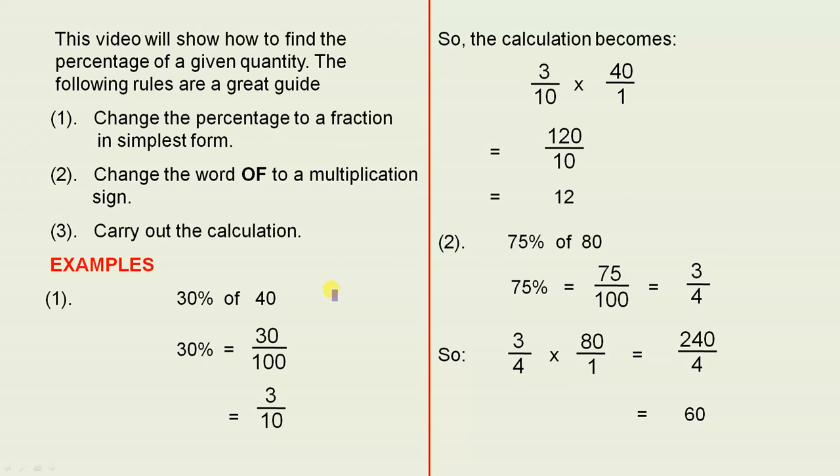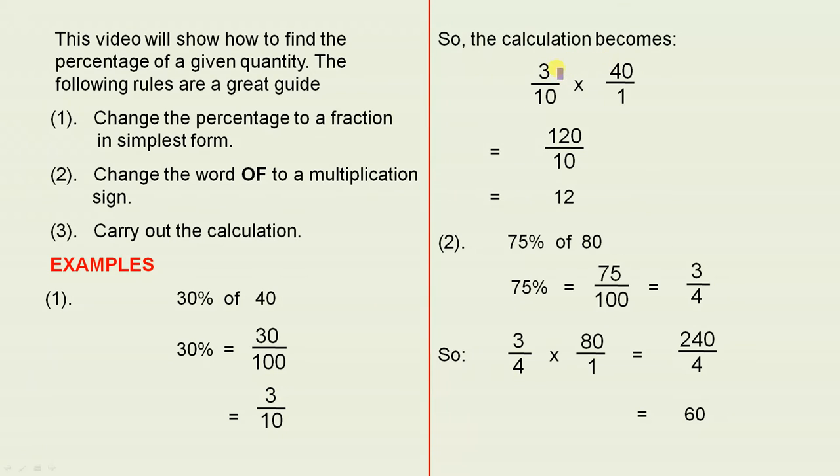So number 1, 30% of 40. So the first rule was to change the percentage to a fraction in simplest form. We know from previous lessons that 30% is 30 over 100. Divide top and bottom by 10. That gives us 3 over 10.